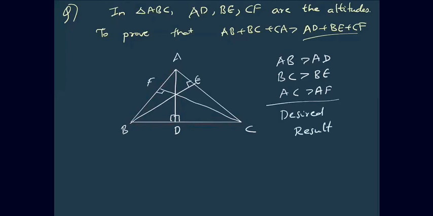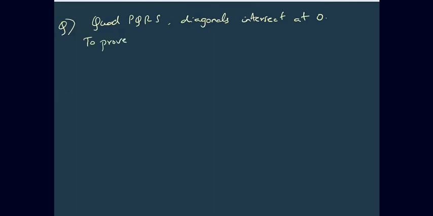Pretty simple problem. Let's move on. It is given that in a quadrilateral PQRS, the diagonals intersect at O. You need to prove that PQ plus QR plus RS plus SP is greater than PR plus QS, and it is less than twice of PR plus QS.